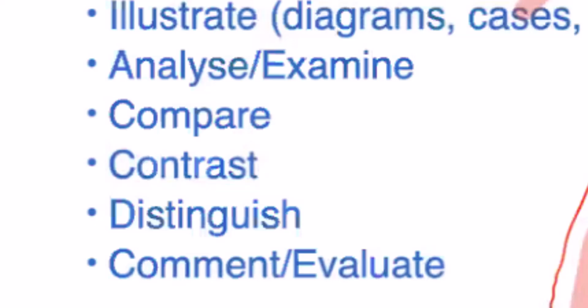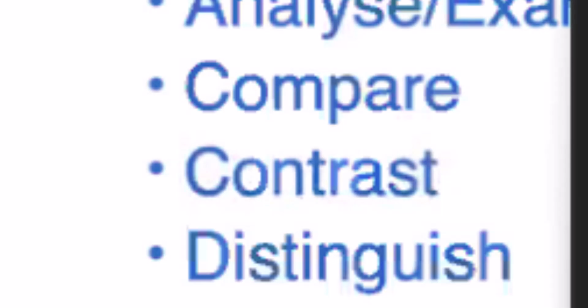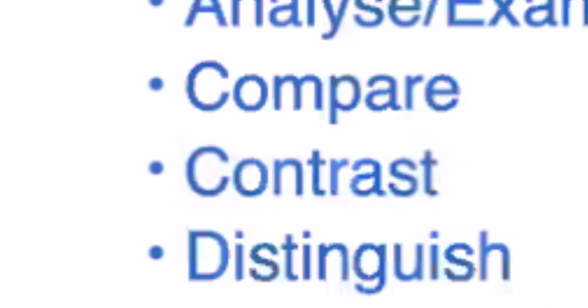Then contrast is you have to again place the two concepts side by side, but now the emphasis should be on how dissimilar they are, and then towards the end mention a bit in a para or two about the similarities that they might have, right? So the thrust is on similarities more in compare, and on dissimilarities more in contrast.